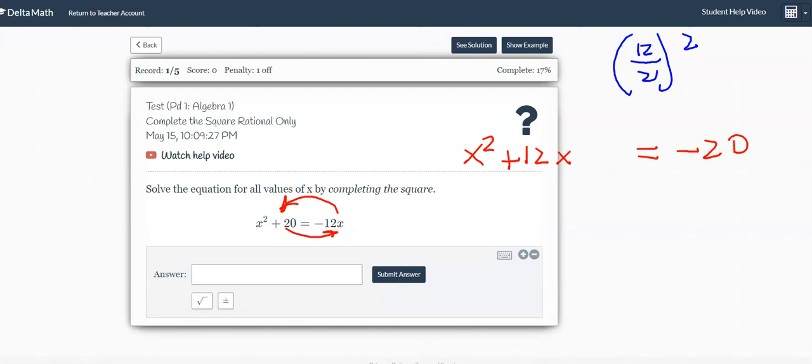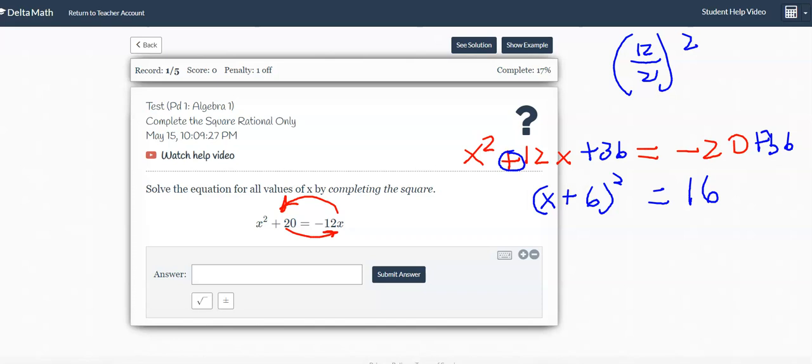So half of 12 is 6, and 6 squared is 36. With a plus sign here, I'm going to add 36 to both sides. I'm going to do some math on the right. Negative 20 plus 36 is 16. But on the left, I'm going to write it as a perfect square factor. Square root the first, square root the last, steal a sign from the middle.